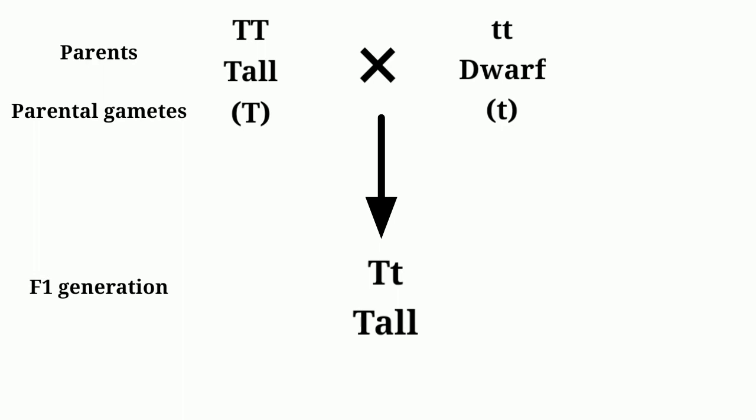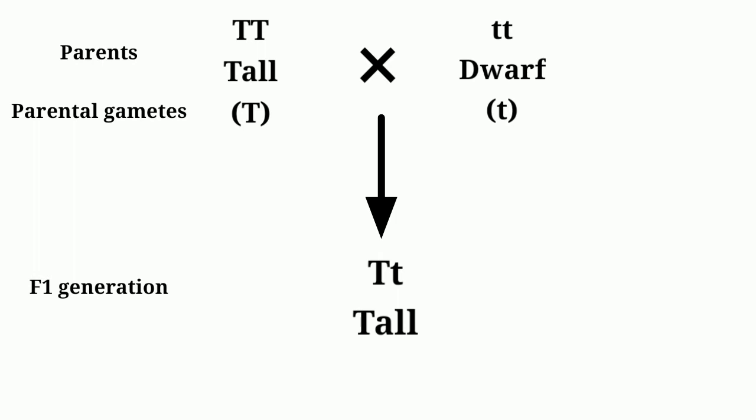As we know, during the formation of the zygote, both the parents contribute to form the character. So in case of this cross, capital T from the male parent and small t from the female parent have fused together and form the zygote.